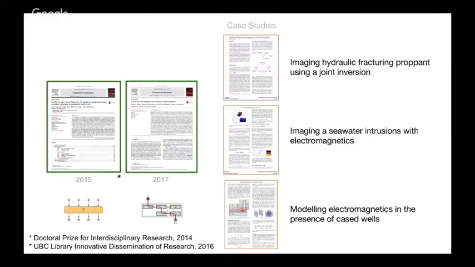And we've also been doing a lot of case studies, proving to ourselves that this framework is appropriate to the various case studies that we have in front of us. I had a couple SEG abstracts about imaging hydraulic fracturing using a joint inversion, imaging seawater intrusions with electromagnetics, and modeling electromagnetics in the presence of cased wells.